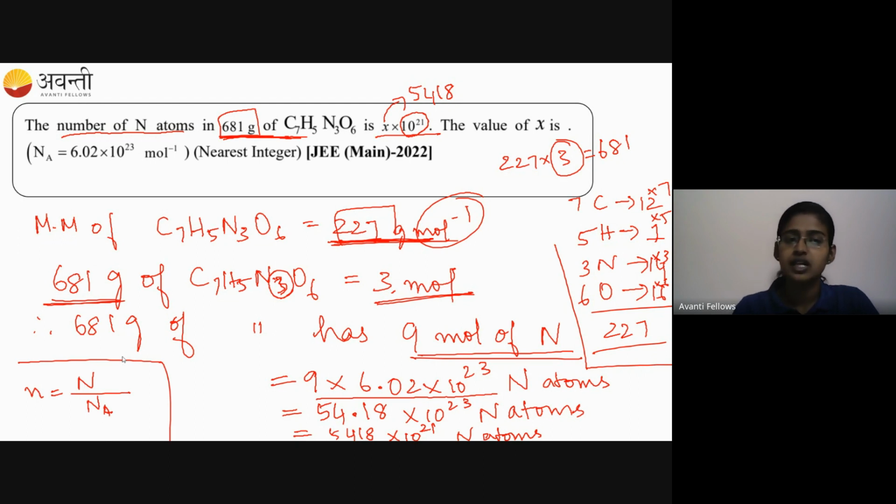This is one of the formulas for number of moles. So now we need this number of particles only, right? So to find out the number of particles, it will be equal to n into Avogadro number. So n is the number of moles and that is 9 here, and this is the Avogadro number. Is it okay now? I think it will be clear now. So I'll move on to the next question.